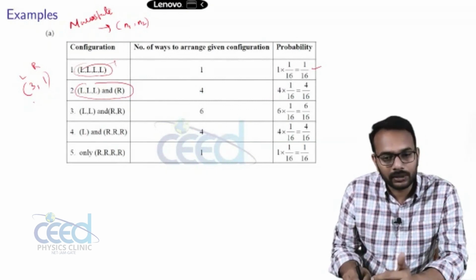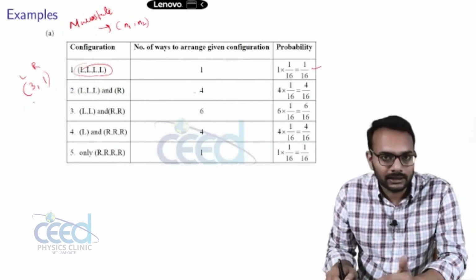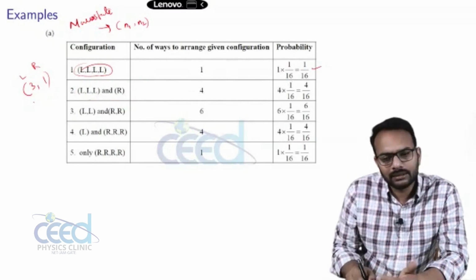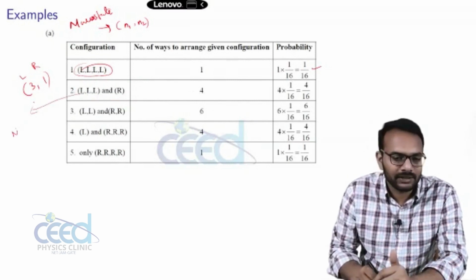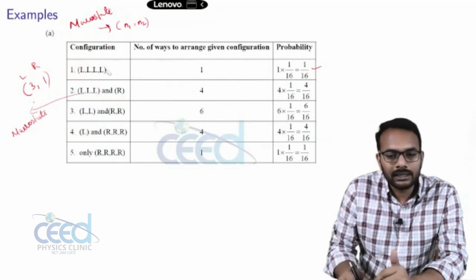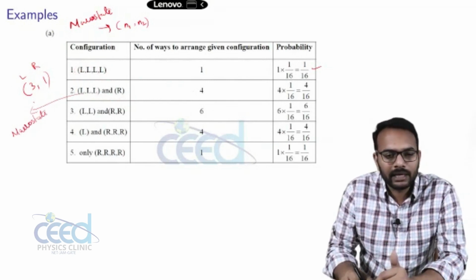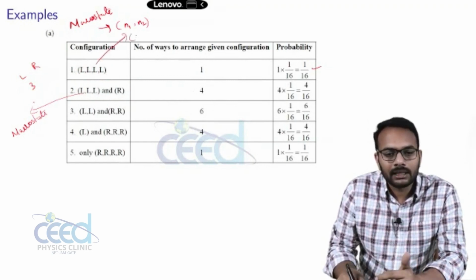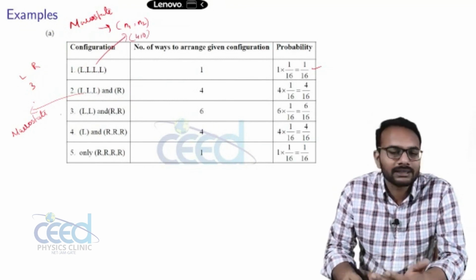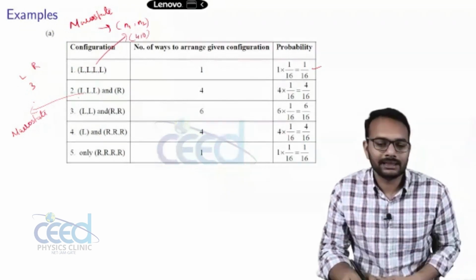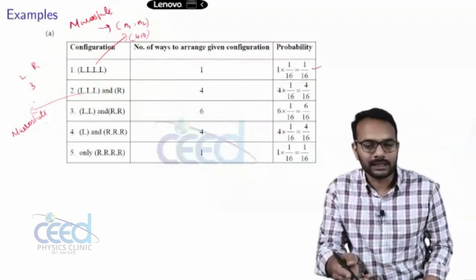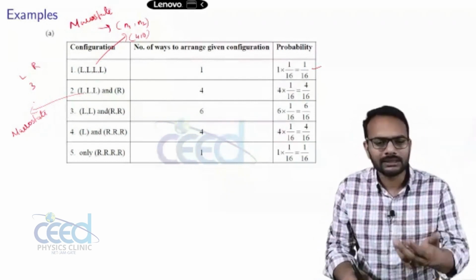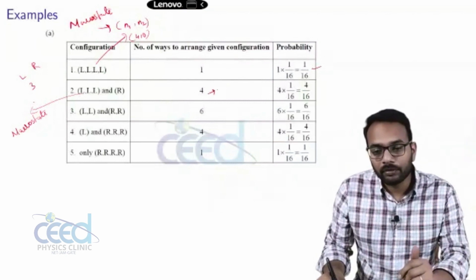So this you can call the macrostate. This is equivalent to saying there are 4 particles on the left and 0 on the right, let's say 4, 0. You can call this the macrostate, and these are the number of microstates.